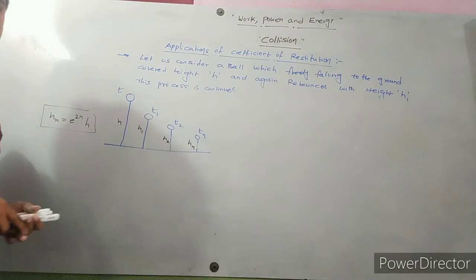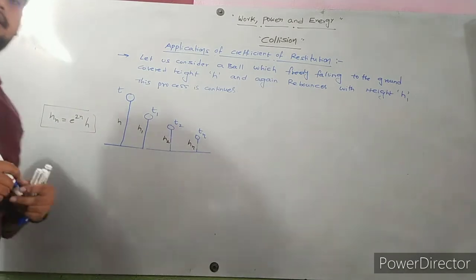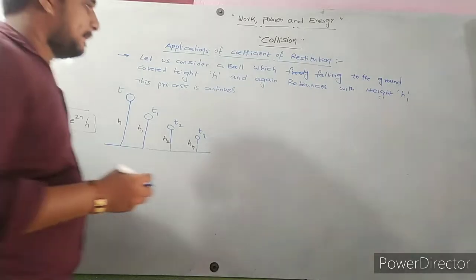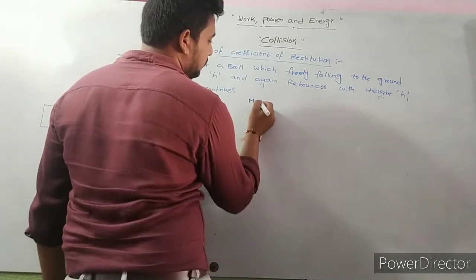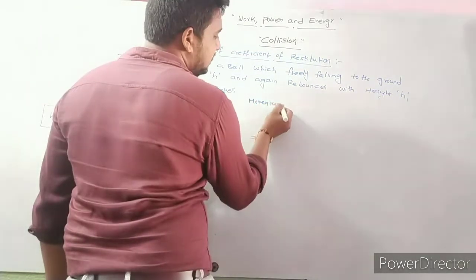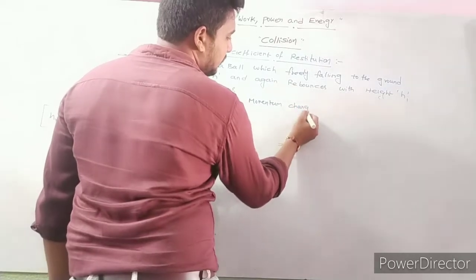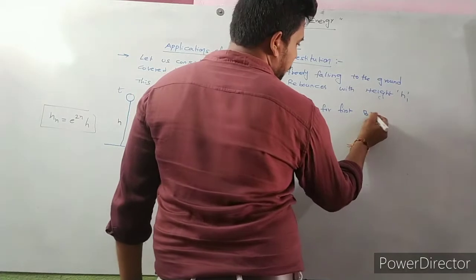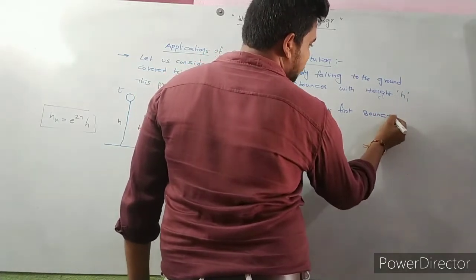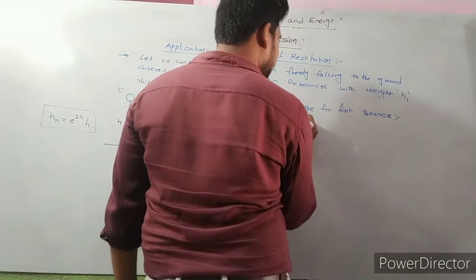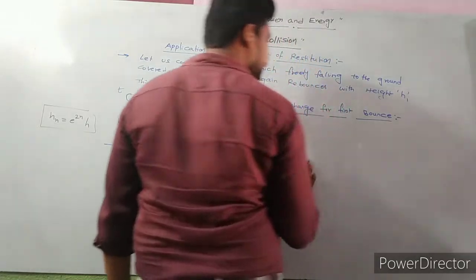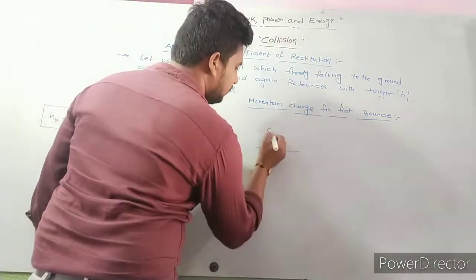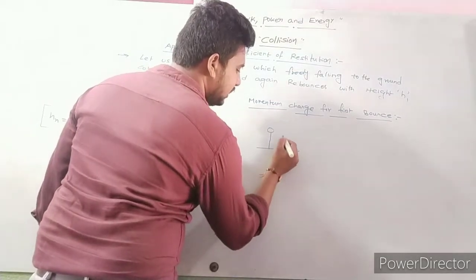momentum change, linear momentum change for the first bounce. Here initially the ball falls like this, and it rises like this.